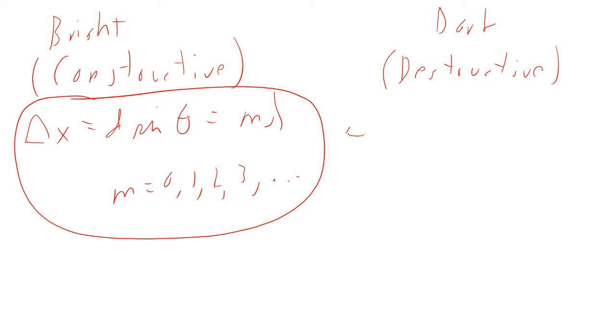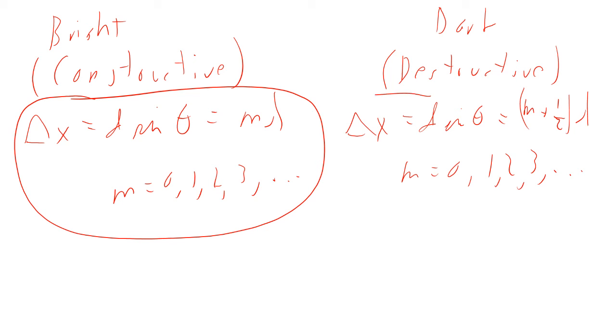That's going to be when delta x, that's our d sine theta, is equal to m plus 1/2 lambda. Again, m is going to be 0, 1, 2, 3, and so forth. So now we have the conditions for constructive or destructive, so where you have a bright spot or you have a dim spot.